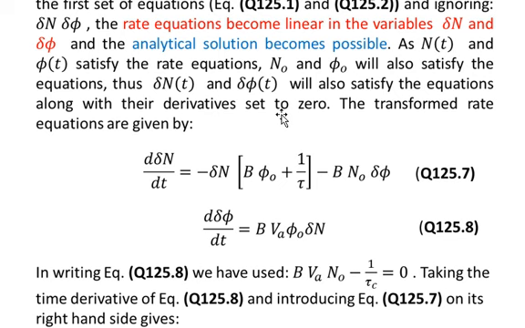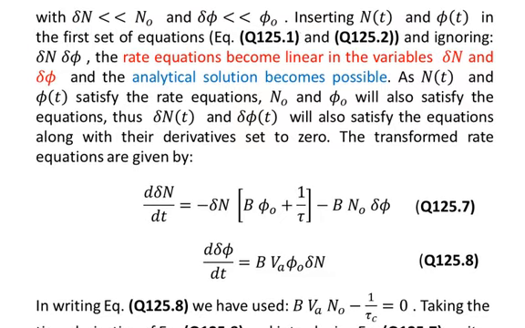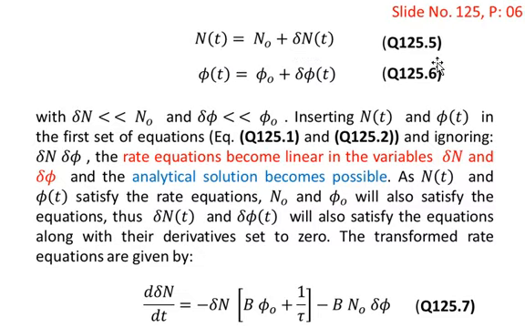to 0. The transformed rate equations are given by, so these are the transformed equations, that is equation number 7 and equation number 8, which we have obtained respectively from equation number 1 and equation number 2 under the substitution of equation number 5 and 6, and under the approximations that delta n is much less than n naught, and delta phi is much less than phi naught.